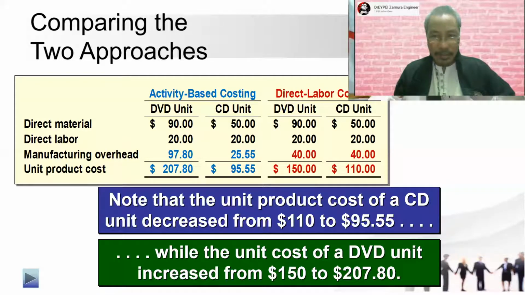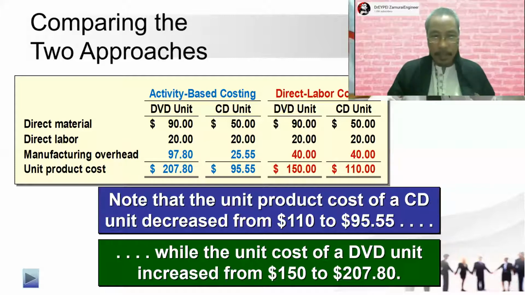Direct labor costing, because it is basing on the labor, the measurement method is labor hours. All of the overhead are constant. Both DVD and CD are constant, equal to $40.